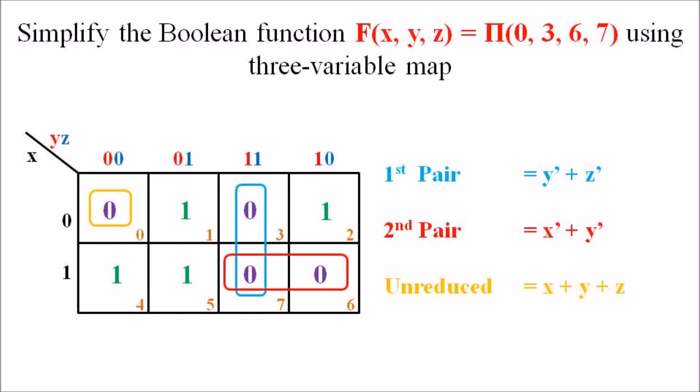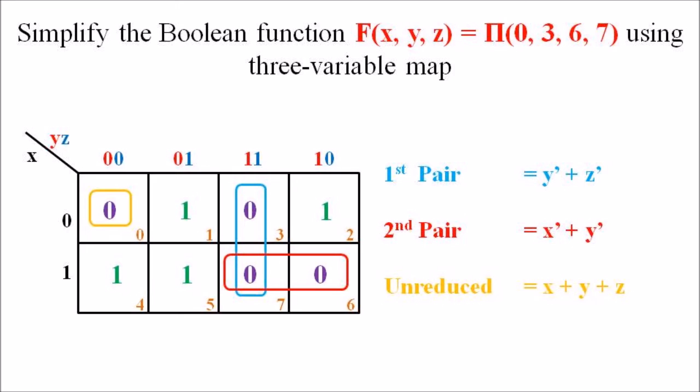The final reduced set should contain only the values which are unchanging. Thus, we consider only x and y. In both cases, the values of x and y remain constant with value 1. Thus, in the second pair, the reduced set is x dash plus y dash. Here x dash comes because the value of x is 1, and y dash comes because the value of y is 1 in both these cells, and the plus symbol represents that we are dealing with a POS maxterm.